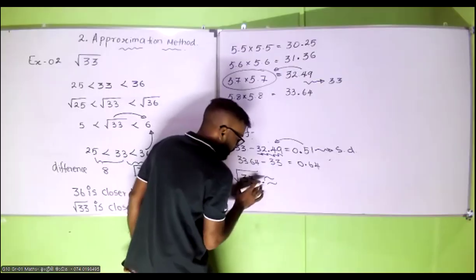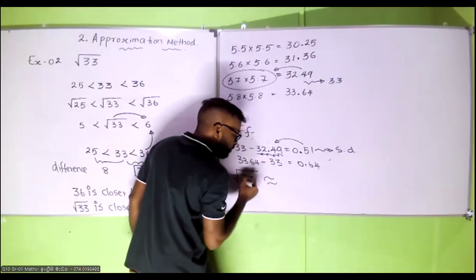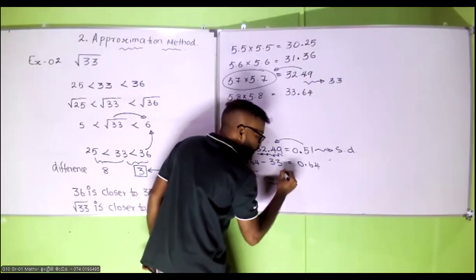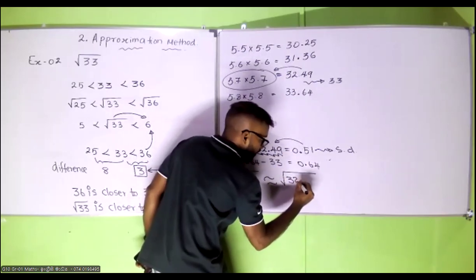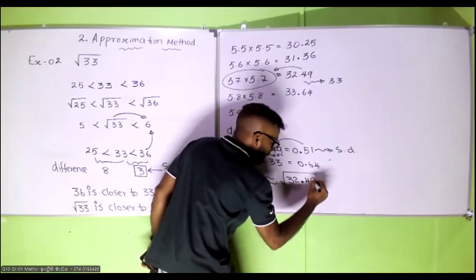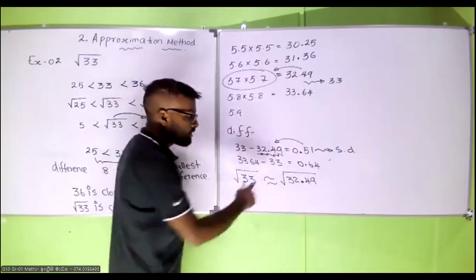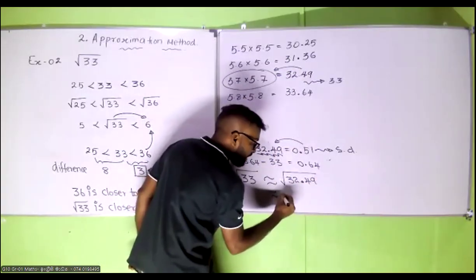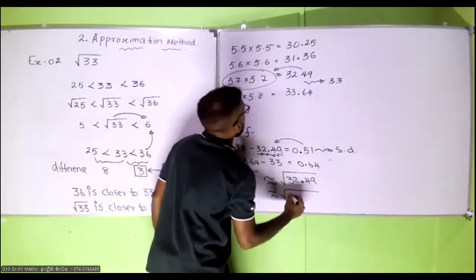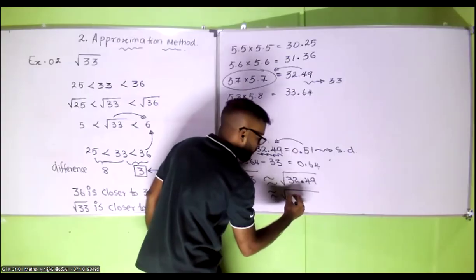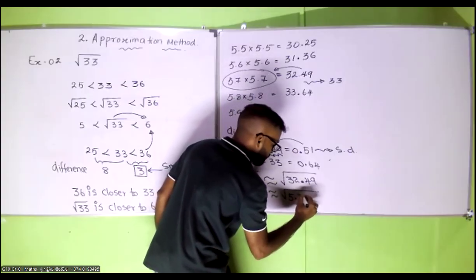That means the square root of 33 is approximately 32.49, which can be written as 5.7 into 5.7.